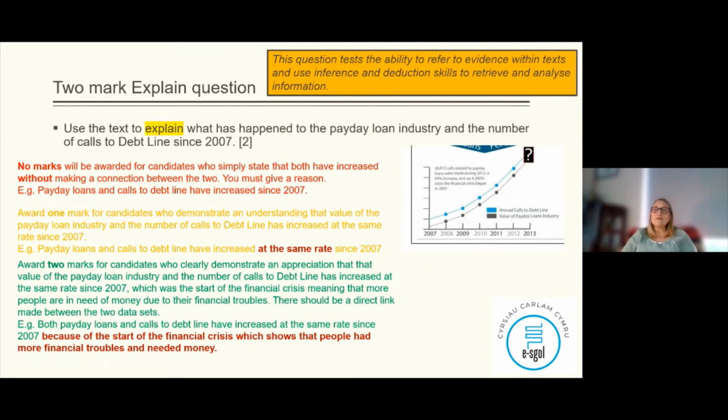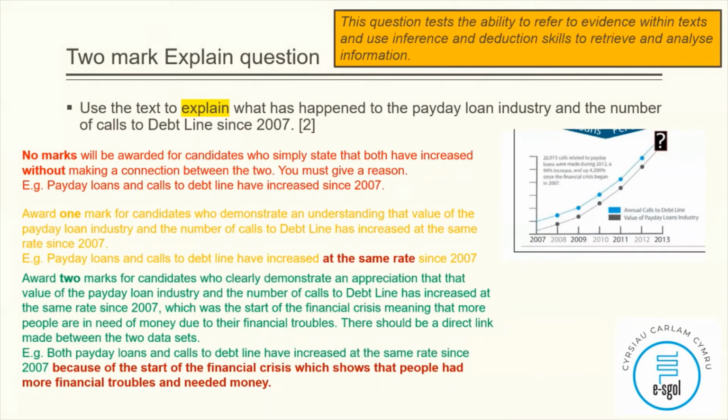So with the financial crisis, people are borrowing more, and therefore they're struggling to pay that debt back as well. That's the reason why the calls to debt line have increased. So it's that full answer they need for the 2 marks. I know it seems quite a lot for 2 marks, but it's that reason, that explanation, they need. That's why the question states that you have to explain.